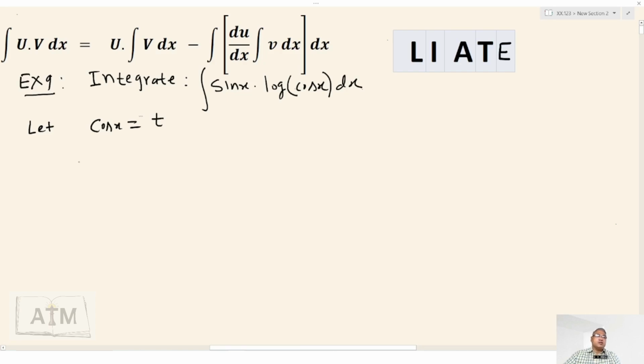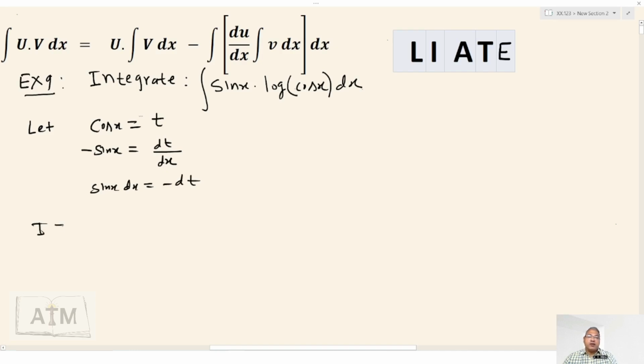Whenever such problems are given, you have to see that the derivative of one part is present somewhere in the question, then the problem becomes quite easy, because the derivative of cos x is sin x, so it is present. So let cos x equal t, then minus sin x equals dt by dx. I have done the derivative here, so sin x dx equals minus dt.